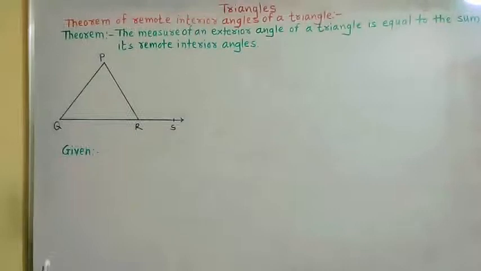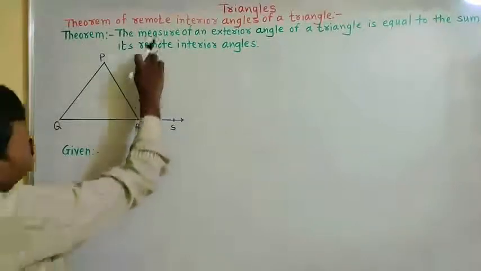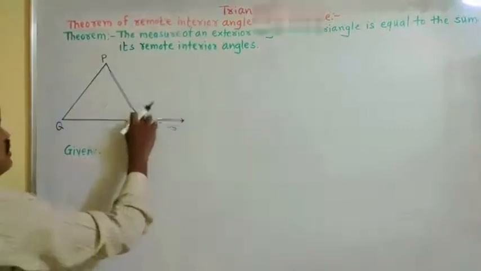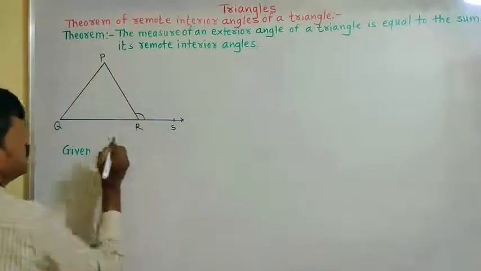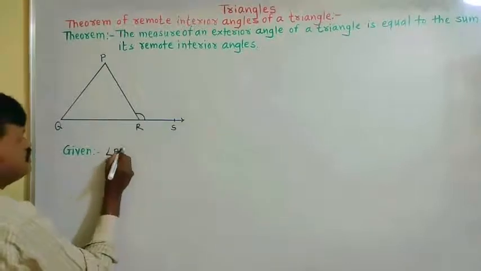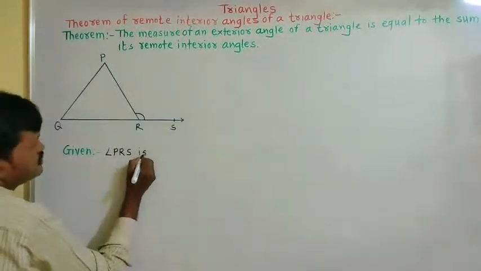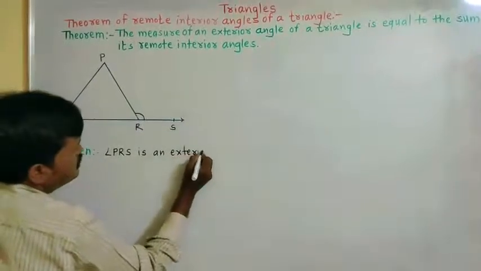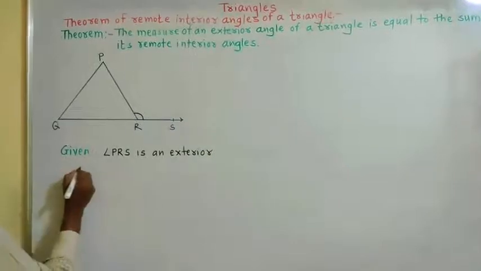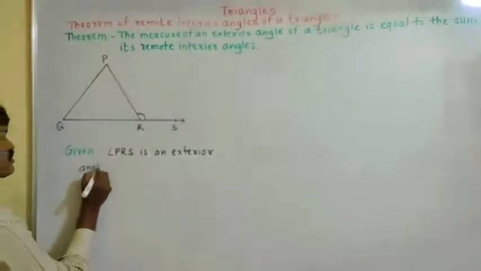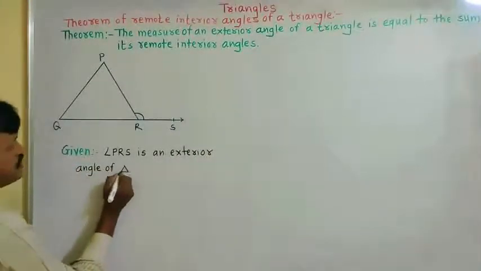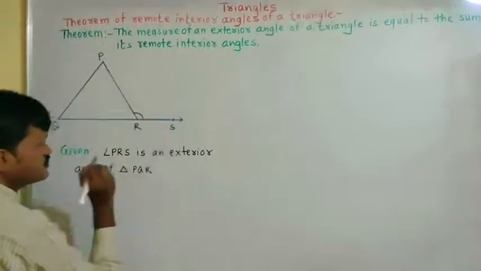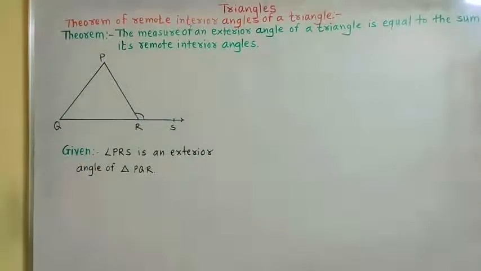What is given? The measure of an exterior angle. So which is the exterior angle? Angle PRS. Look at this. Angle PRS is an exterior angle of triangle PQR. So this is the given part.